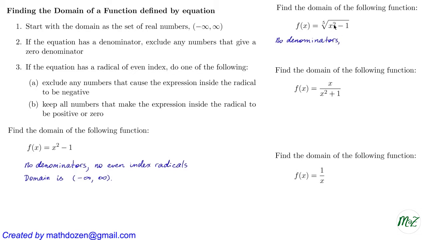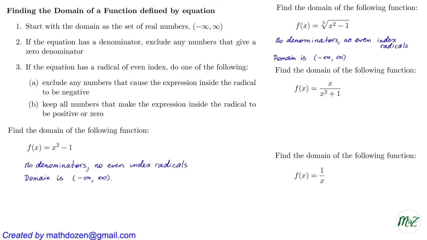The only radical we have is the fifth degree root, and the fifth degree is not an even degree. So there are no even index radicals in this function. So again, the domain will be all real numbers, the interval from negative infinity to positive infinity.